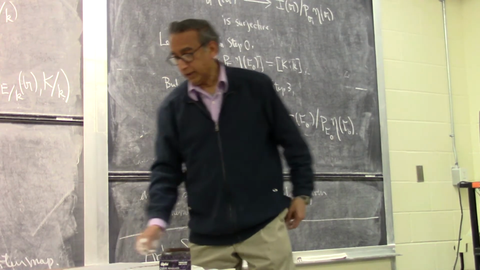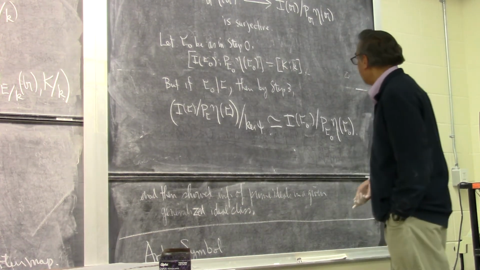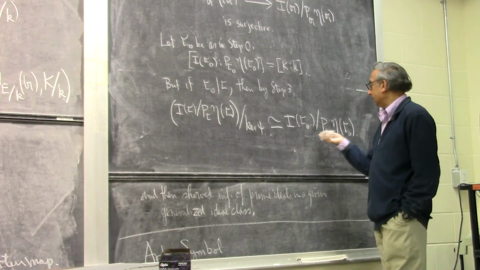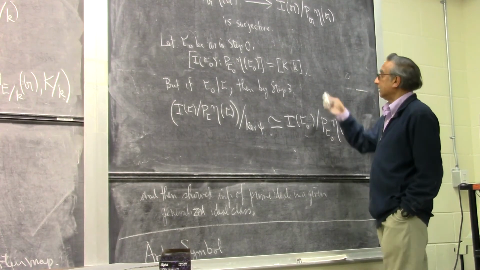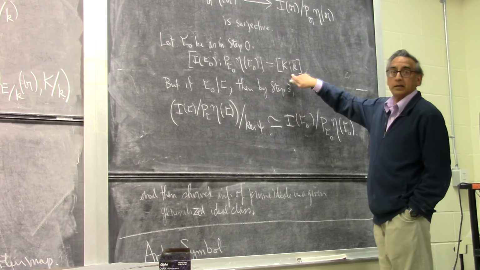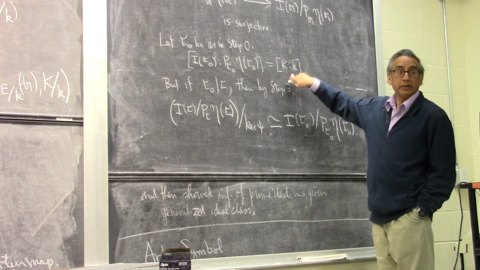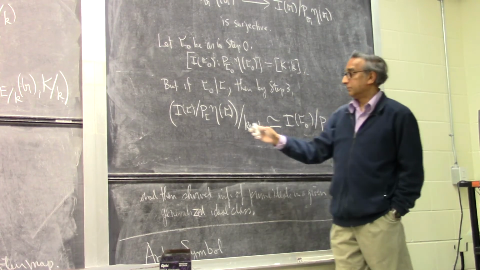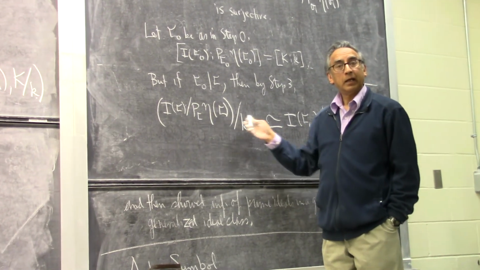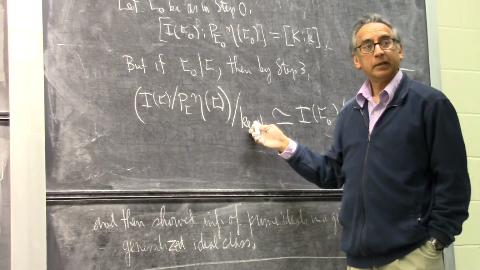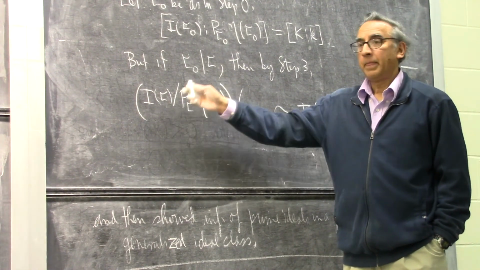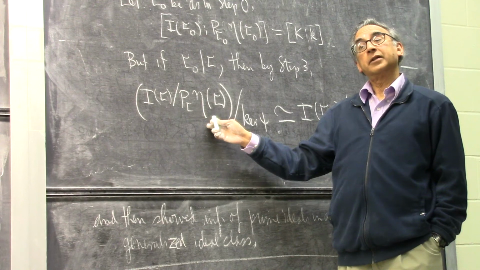And now the point is that we know that this quotient has cardinality equal to the degree of the extension. Therefore, this has to have cardinality equal to it. But then this guy here is at most the degree of the extension. Therefore, the kernel has to be trivial.